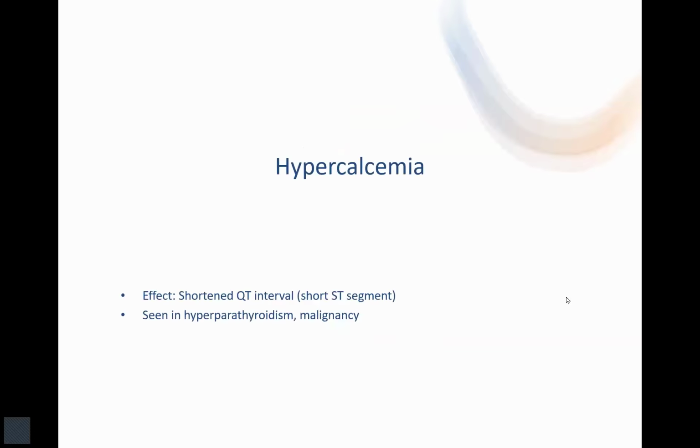Okay. So our next electrolyte abnormality is hypercalcemia, an elevated serum calcium or ionized calcium. The hallmark of this electrolyte abnormality is a shortened QT interval. We usually talk about QT intervals as prolonged, but this one is actually shortened. Reasons to get a high calcium are a little less common than the things that impact potassium.